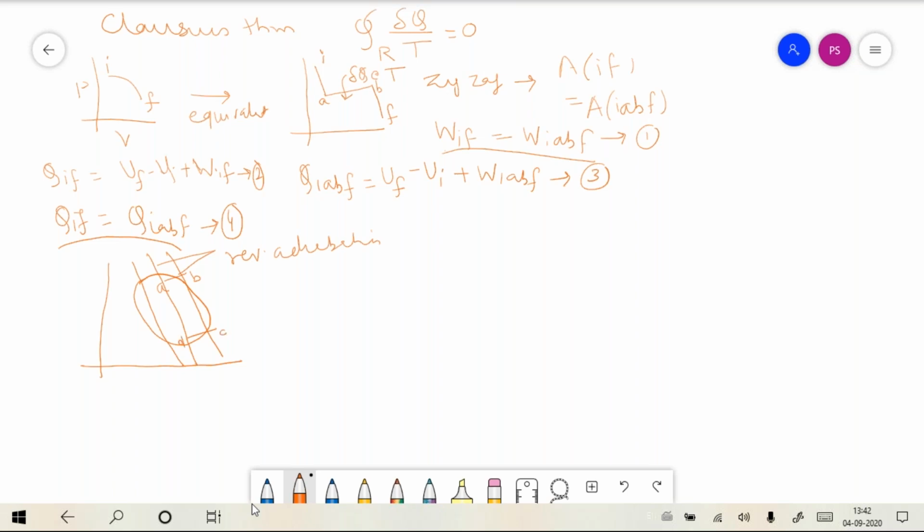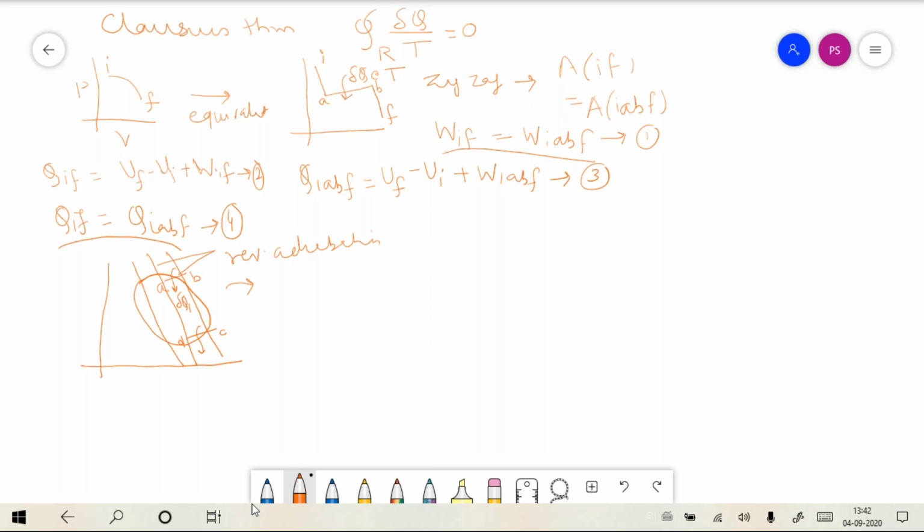So suppose you consider this ABCD cycle, right? And let us say that this is some del Q1 at T1 and the heat rejected is del Q2 at T2.